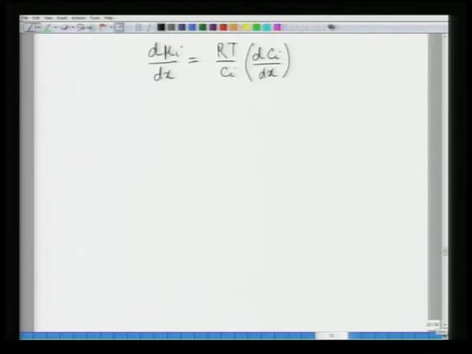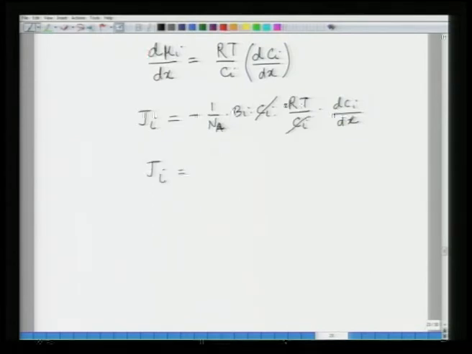So, what we get now is the expression for Ji is minus 1 by Na into Bi Ci into RT by Ci into dCi by dx. Ci will cancel each other, and what you will get is minus RT by Na into Bi into dCi by dx.